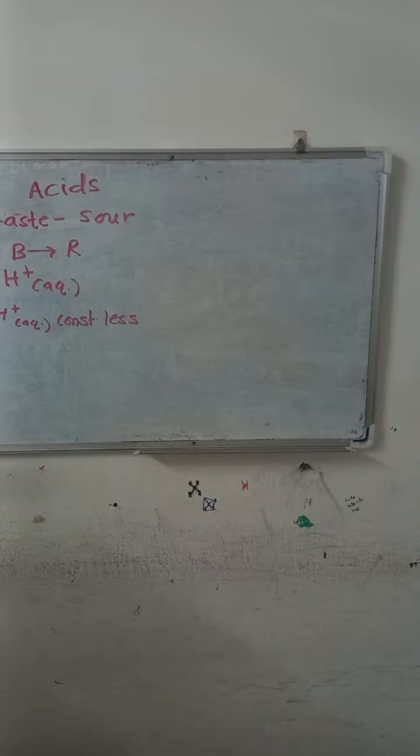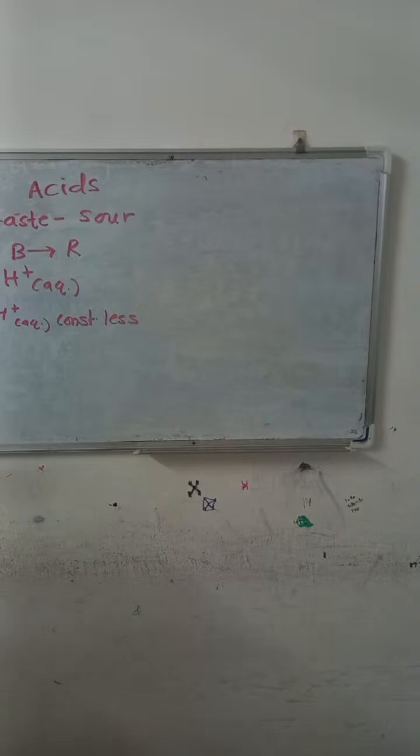So here one more example we can discuss, burning of a matchstick. If we bring it near hydrogen gas, then it gives the pop sound. And when carbon dioxide gas is passed through lime water, then it turns milky.